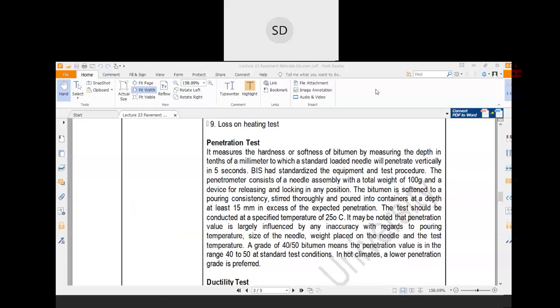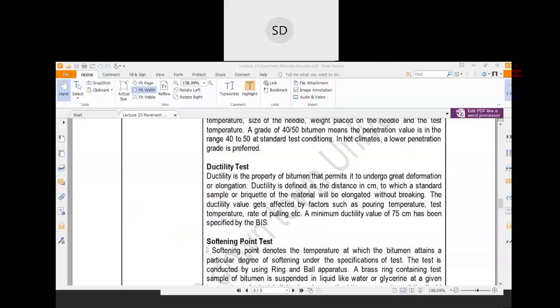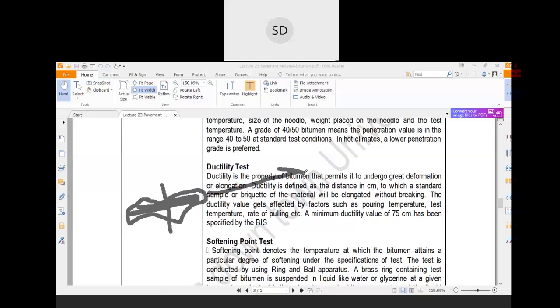Then another test is there, that is called ductility test. In the ductility test, what happens? One test apparatus would be there, where there would be one briquette where you put bitumen and you pull this briquette in the opposite direction.